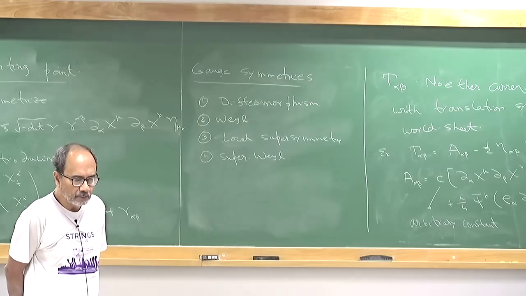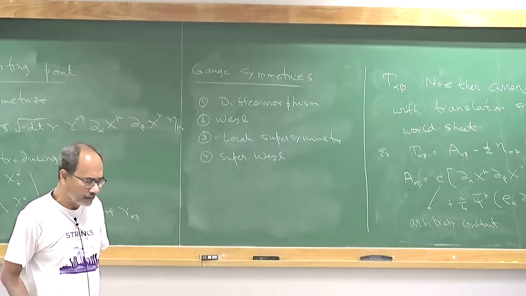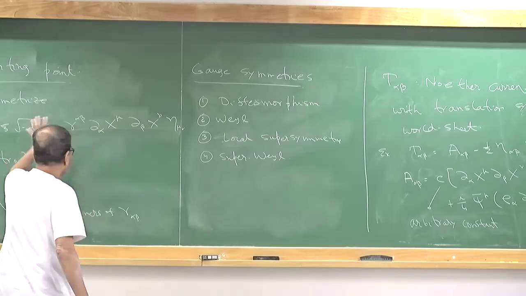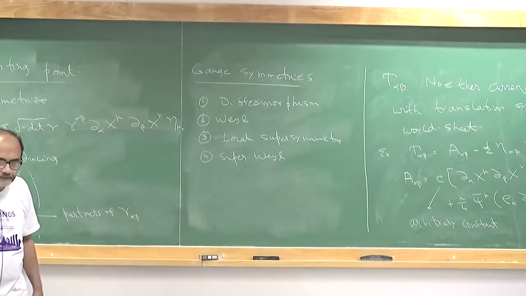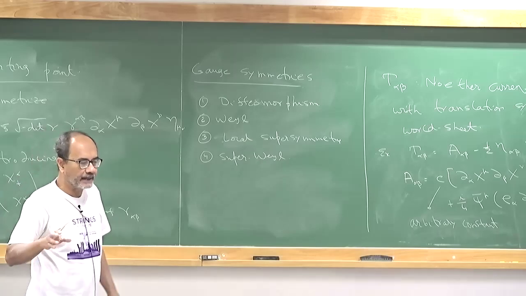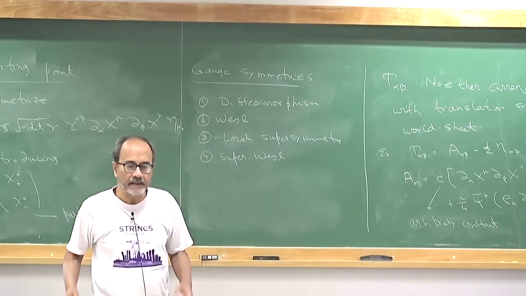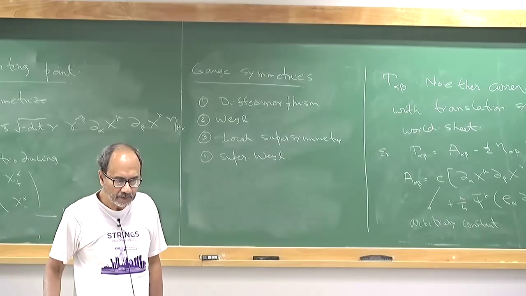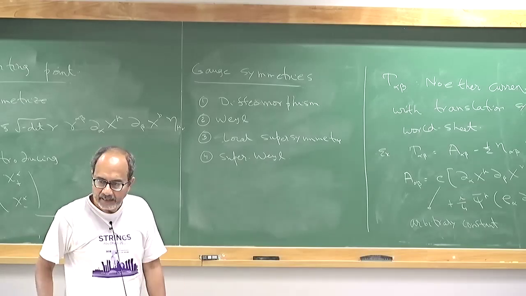In fact, even if you don't demand any local supersymmetry, imagine that we start from this action, which has diffeomorphism, and we just try to supersymmetrize it, preserving diffeomorphism. Just rigid supersymmetry, constant parameters.